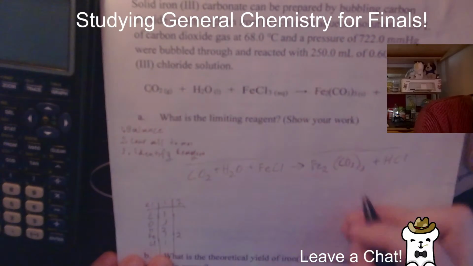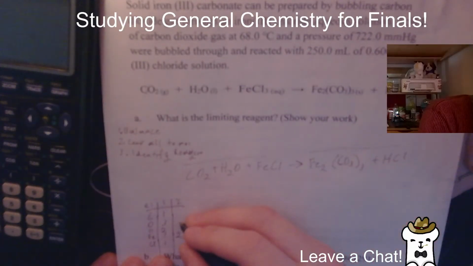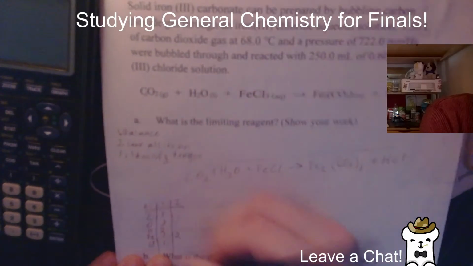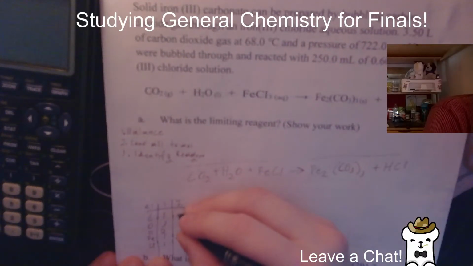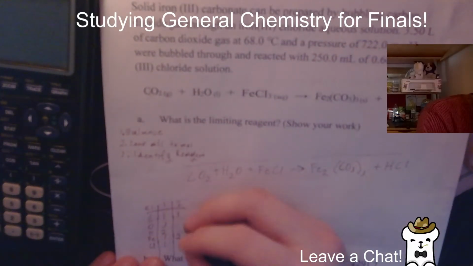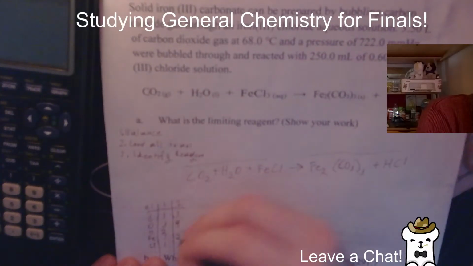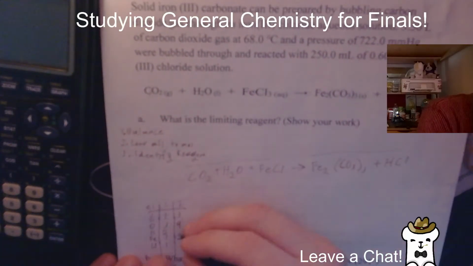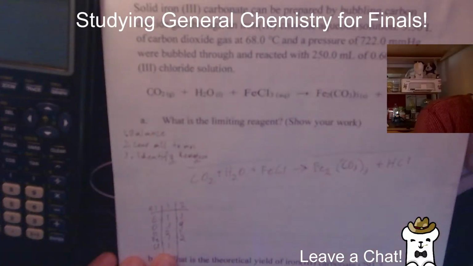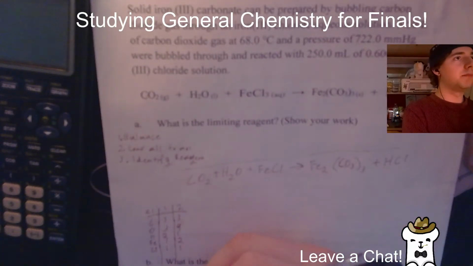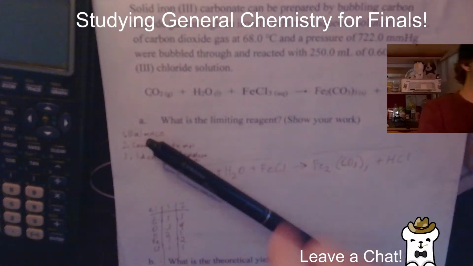So that means we're going to have 3 C's and then 9 oxygens. Quite a bit there. And then we have 1 hydrogen and then 1 chlorine. It's going to be a pain in the butt to balance, but we will get through it, I promise.